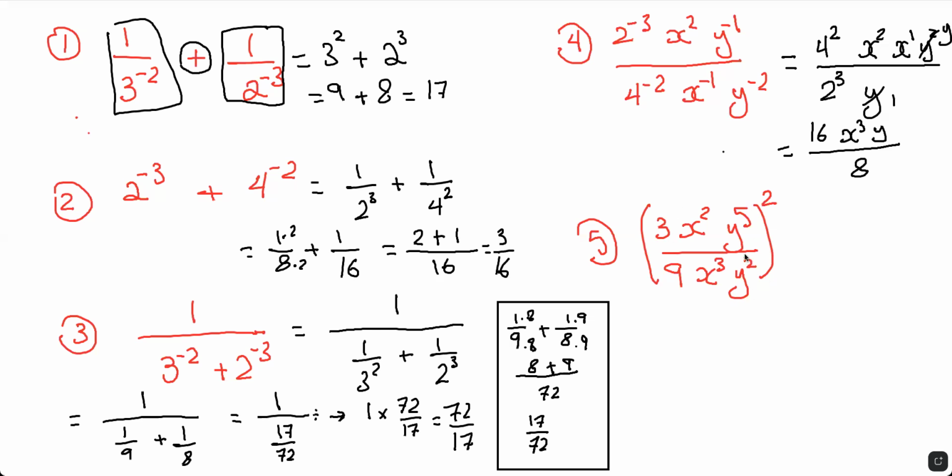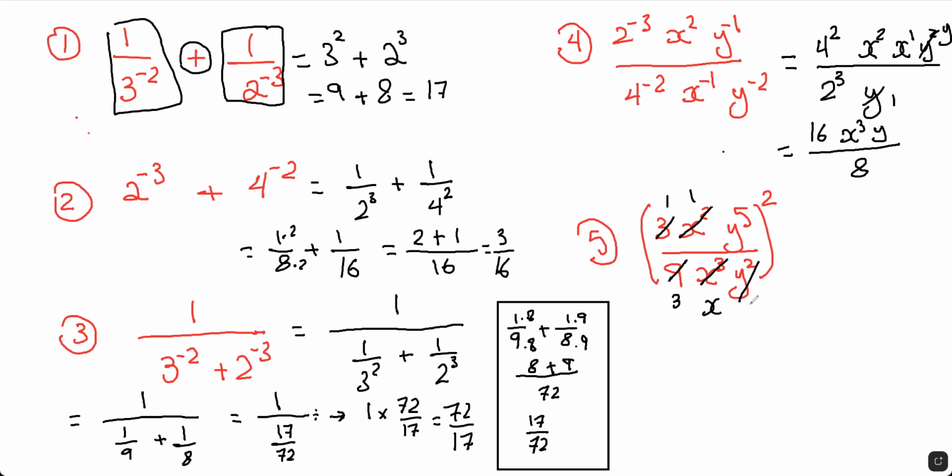How about when you have this here and you have an exponent outside of the brackets? What you should do in this situation here, it's much easier to simplify what's inside first, okay? So how do we simplify? We reduce. 3 goes into itself once, 3 goes into 9 3 times. X squared goes into itself once, it goes into x cubed x times.